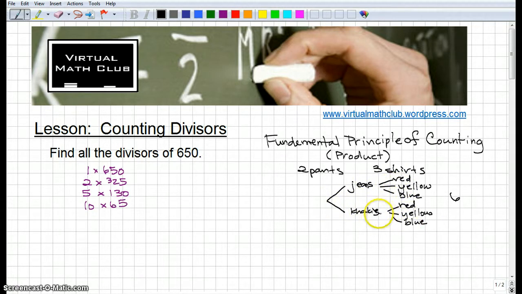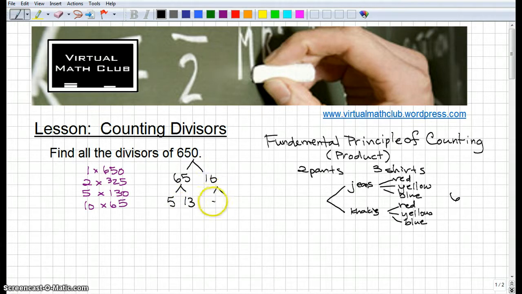Alright, so let's go back to this finding the number of divisors of 650. And it depends on being able to factor 650 into its prime factors. And you may have done a factor tree before. We can factor this into 65 times 10, and we can factor 65 into 5 times 13, right?